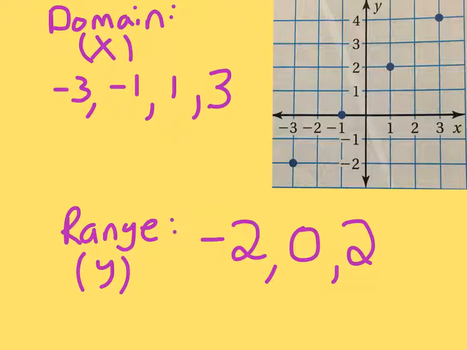And then the fourth point, all the way to the right, is 4. So we would say that our domain consists of -3, -1, 1, and 3. And our range is -2, 0, 2, and 4.